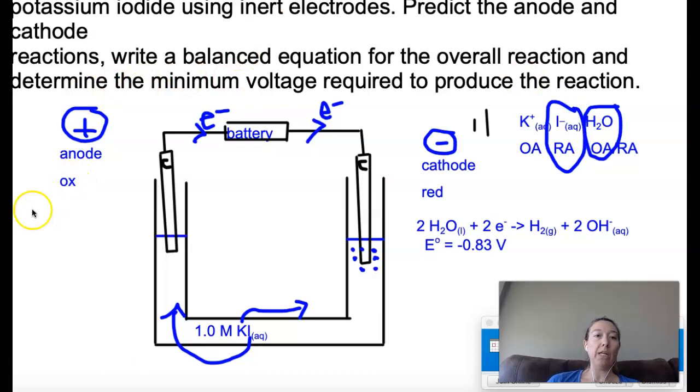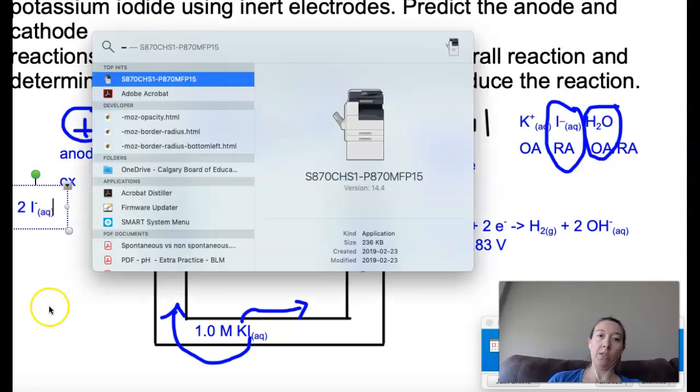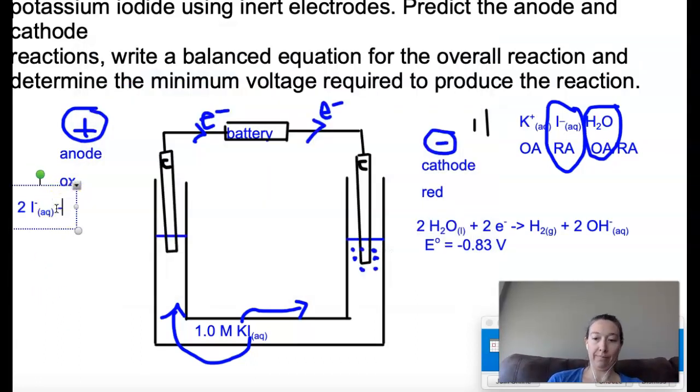So over here, because the RA is what undergoes oxidation, that's how I know that half reaction is happening here. I can write out that 2I- aq turning into I2 solid plus 2 electrons.